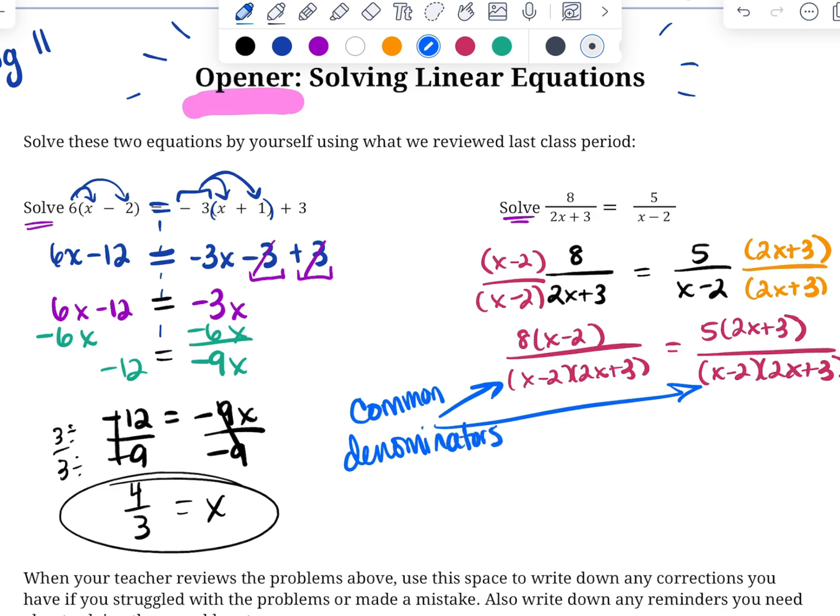And they're called common denominators because they have the same factors. They're identical, okay? And when that happens, you can set their numerators, so the tops, equal to each other. So that's what I'm going to do now. I'm going to set the 8 times x minus 2 equal to the 5 times 2x plus 3.